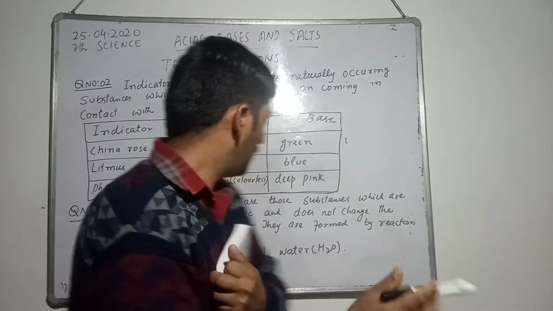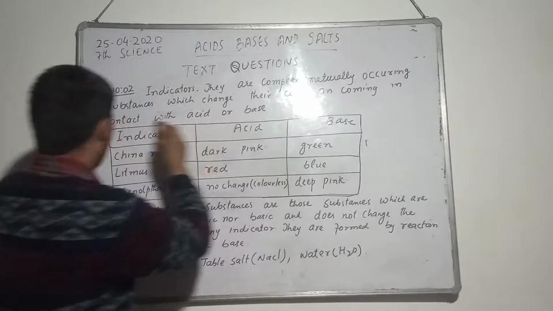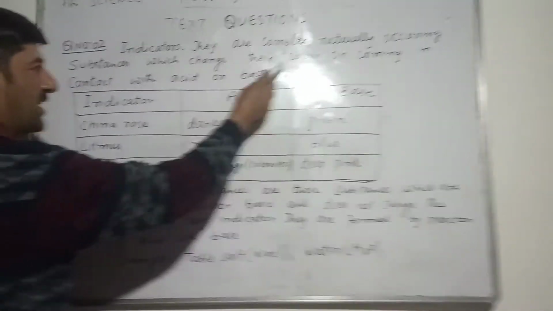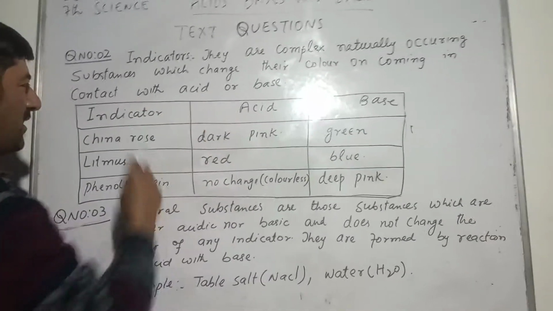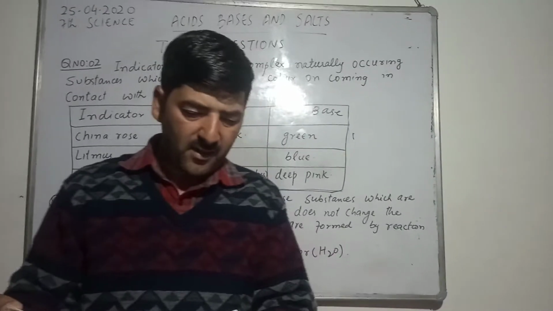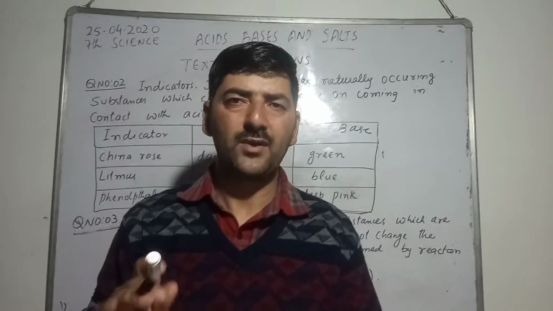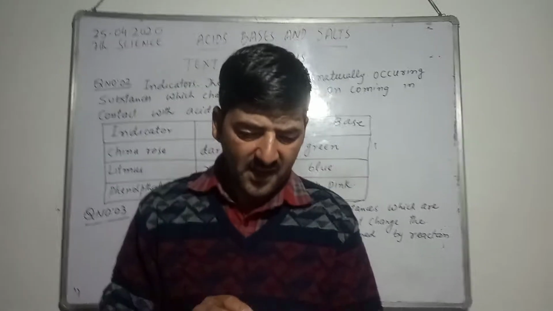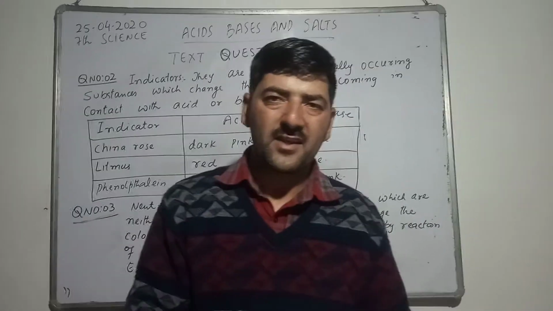So the second part of the question is we have to name 3 indicators and state the color change which takes place in acid or base.